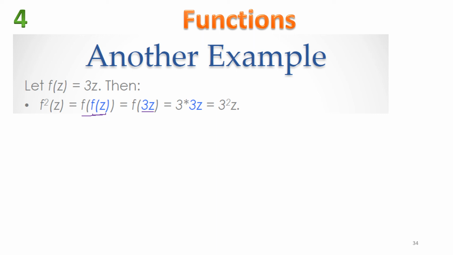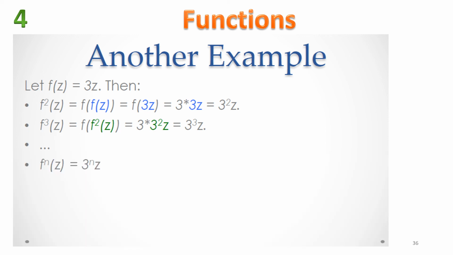It will be 3 times 3z, that is 3 square z. So the third iteration of z will be f of the second iteration of z, and for the second iteration we have got 3 square z. So 3 into 3 square z will be 3 to the power 3 z. So we can generate the nth iteration of f of z as 3 to the power n z.